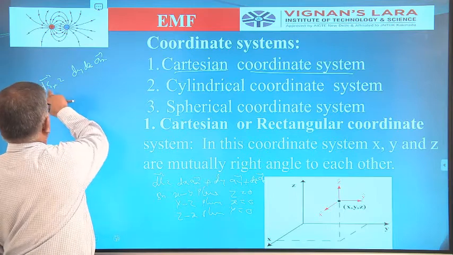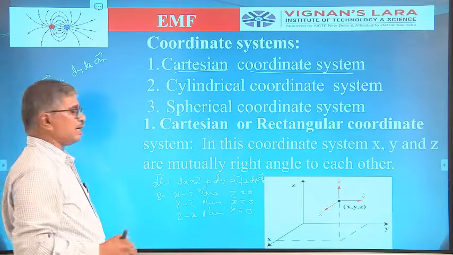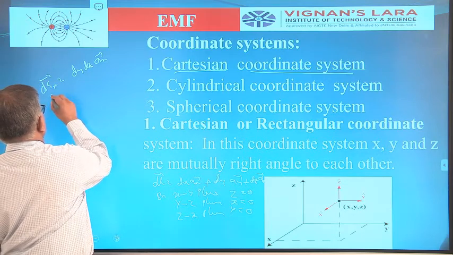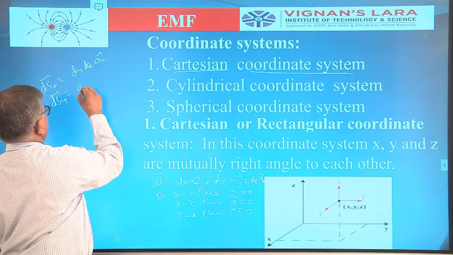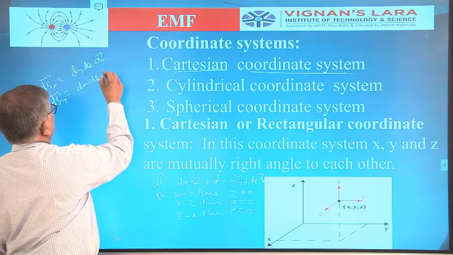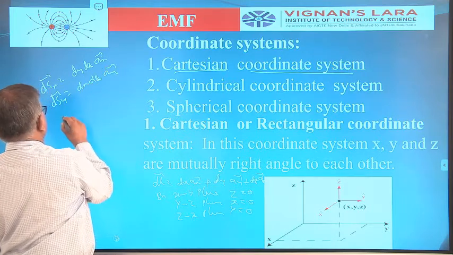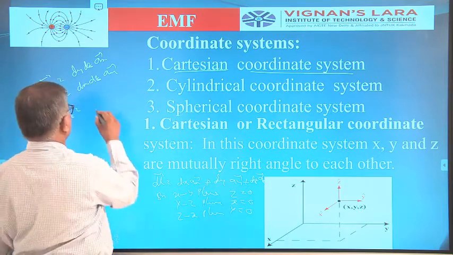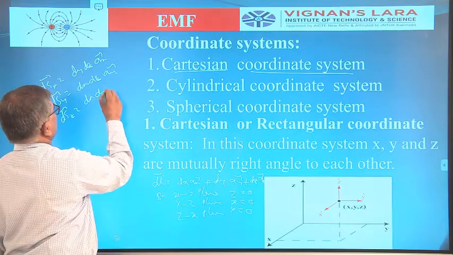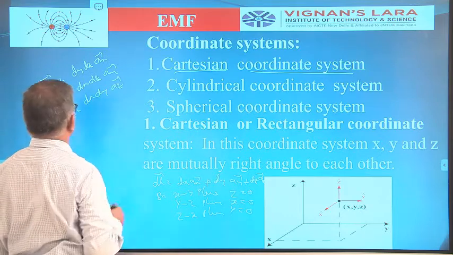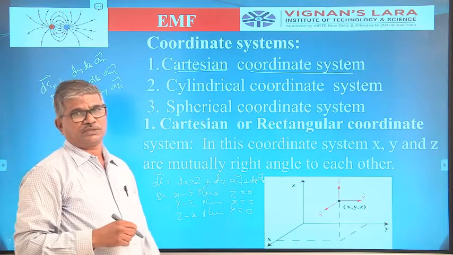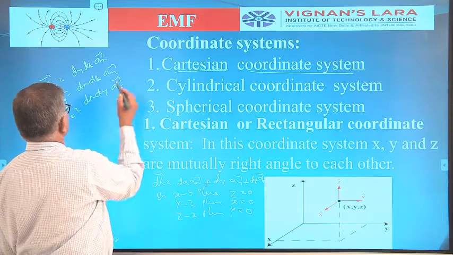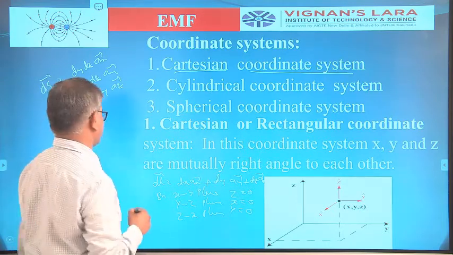Similarly, the differential surface normal to the y-axis is dsy equals dx dz ay bar, and dsz, the differential surface normal to the z-axis, equals dx dy az bar. These are the differential surface vectors normal to the x-axis, y-axis and z-axis.